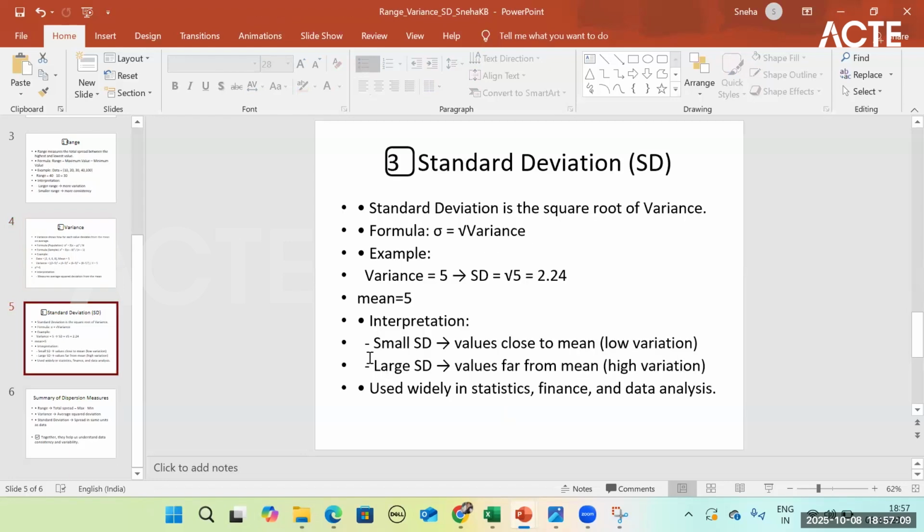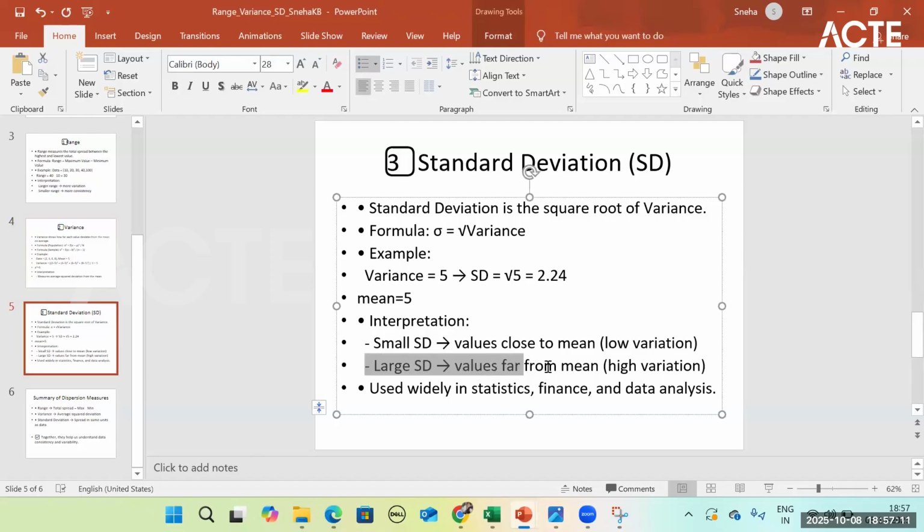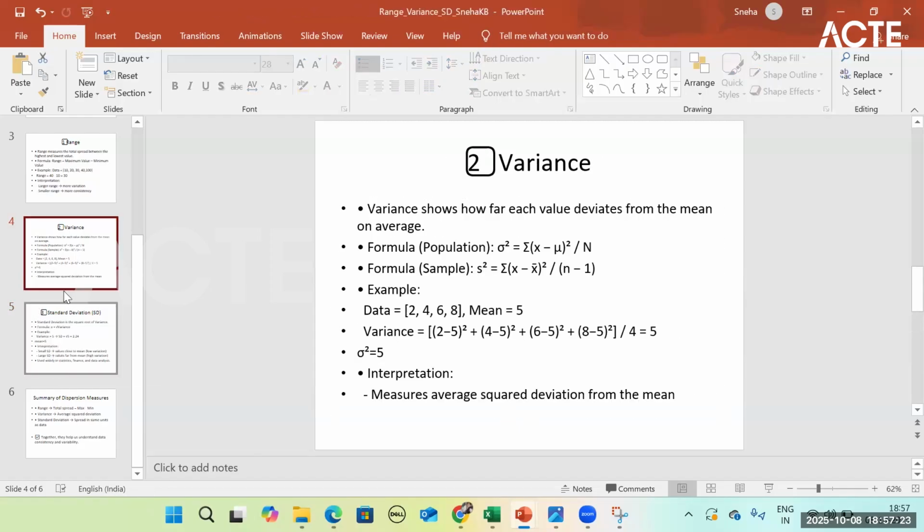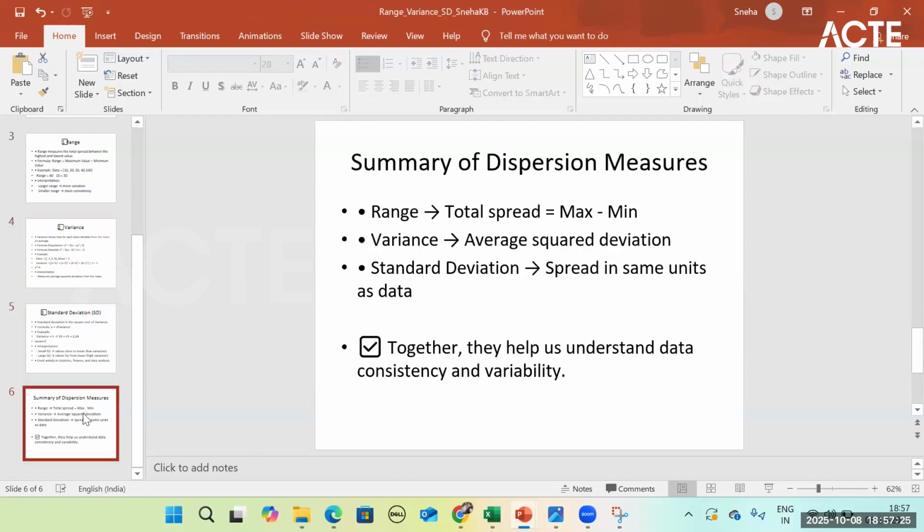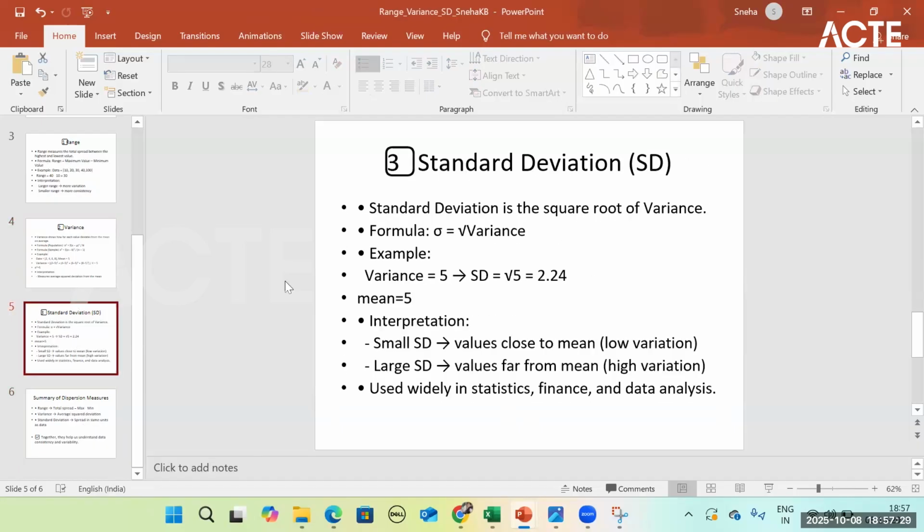When there is a large standard deviation, all the values are far from the mean. I'll give you more examples, then only you will understand. I'll give you a few questions after this class. Understand what standard deviation is now.